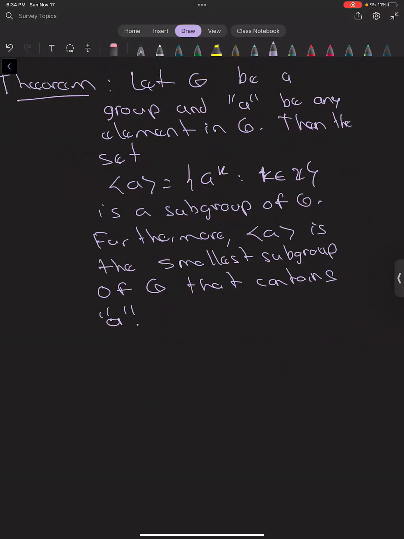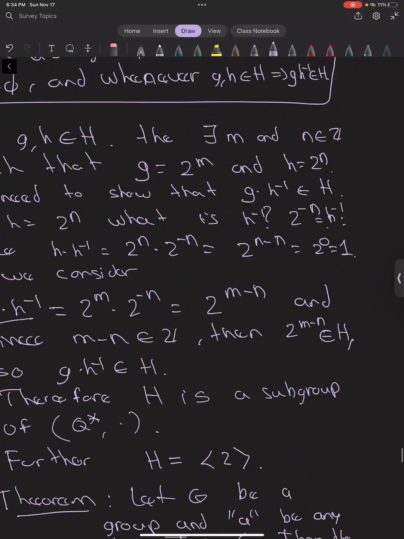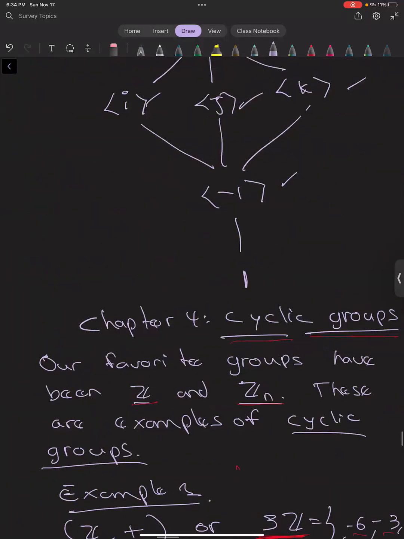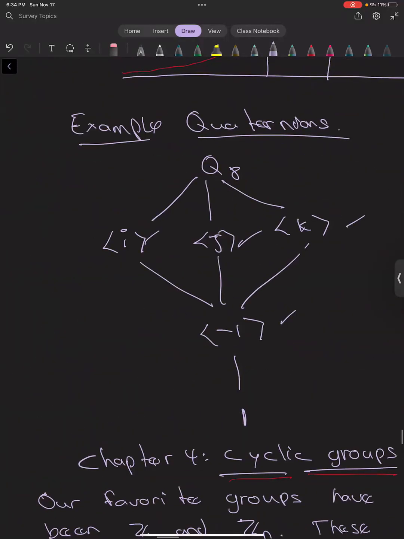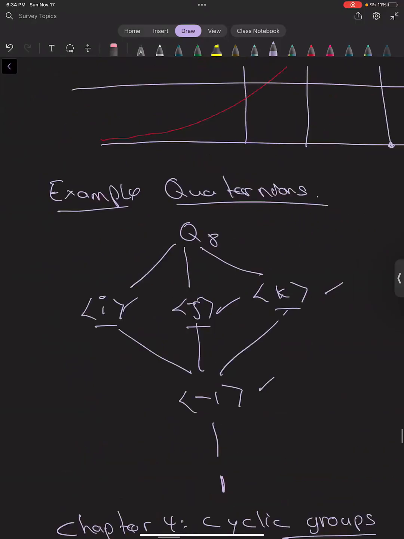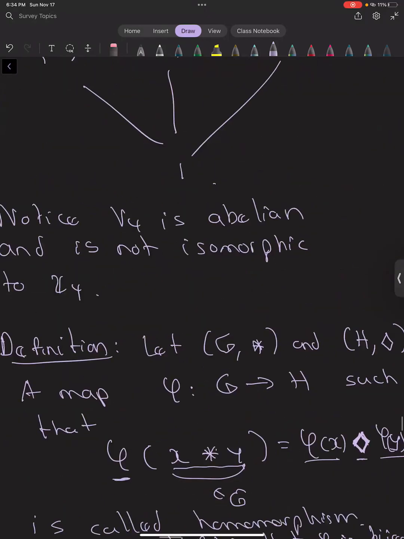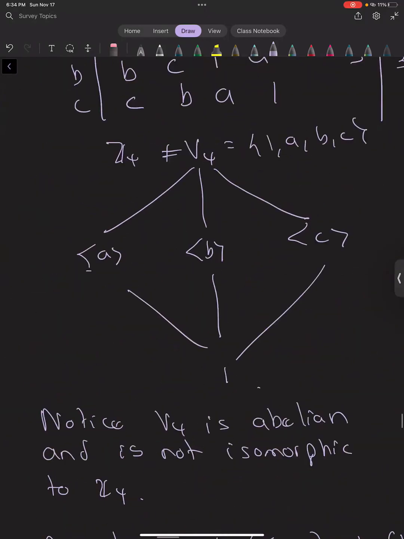Okay, it's like I showed you before, when I was showing you examples of subgroups. So these are non-trivial subgroups of the quaternions. These were subgroups of the Klein group.